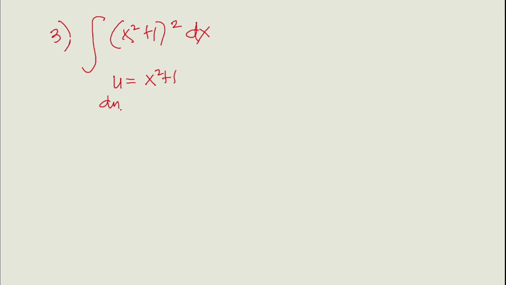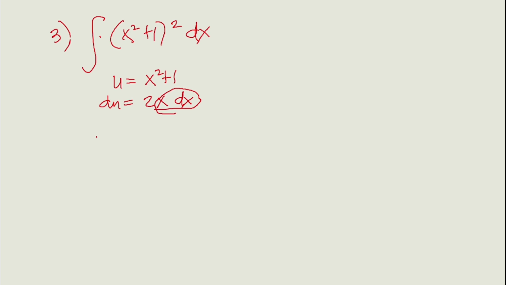Our du is equal to 2x dx. This time, we could not make use of this because we could not find here x dx in the problem. So therefore, there is another way to solve this one. We could not make use of substitution because there's no x attached here that will cater that there is an x dx in the problem.